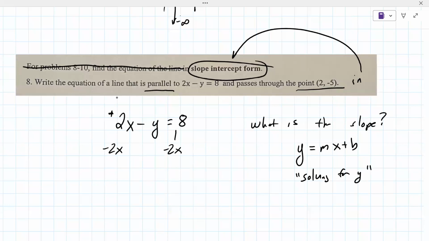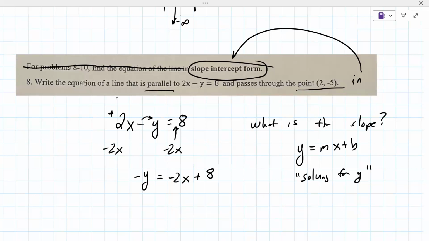Now, it's best to put that in front of the 8. And this negative goes with the y. So it's really negative y equals minus 2x plus 8. Take a look at that, get that down. If something's unclear about that or you don't like it, let me know. We'll try to resolve it now.